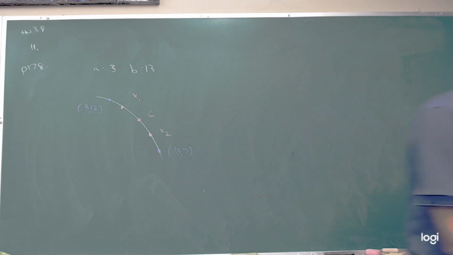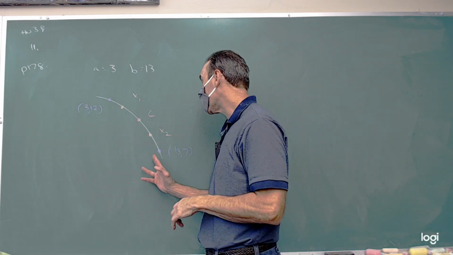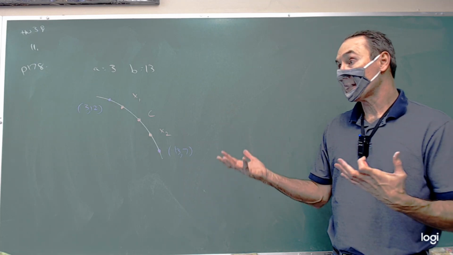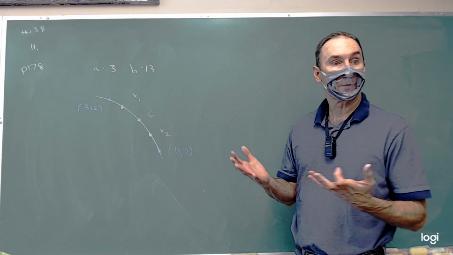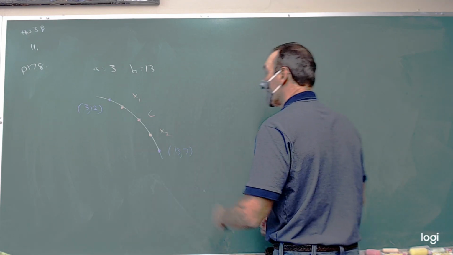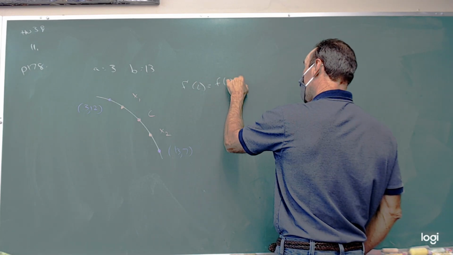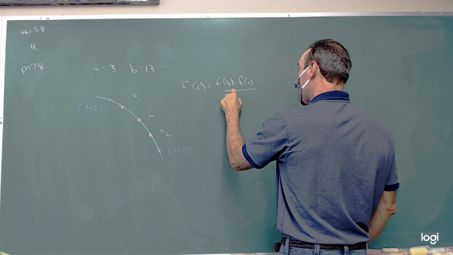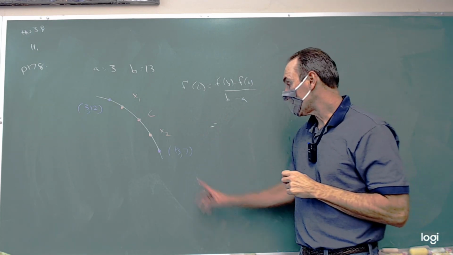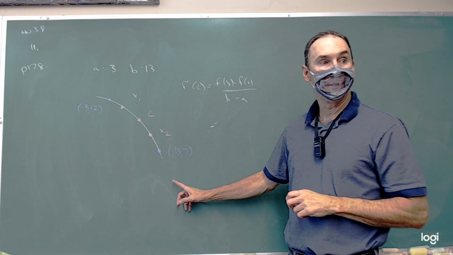If you remember what the mean value theorem says, when we have a continuous and differentiable function, which we do because you can see it's all connected and there are no corner points or cusps or anything weird happening there, then f prime of C is f of b minus f of a over b minus a, somewhere on that interval. So here's the a and here's the b.